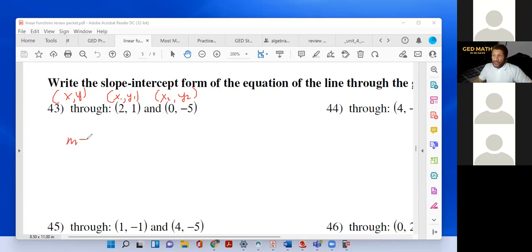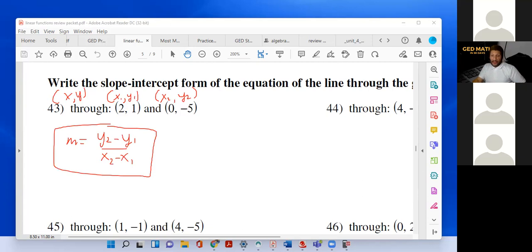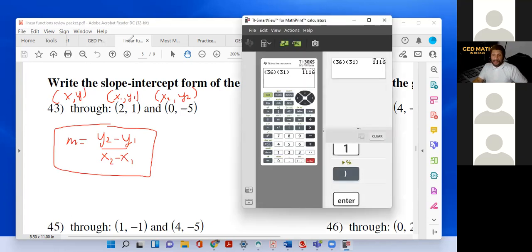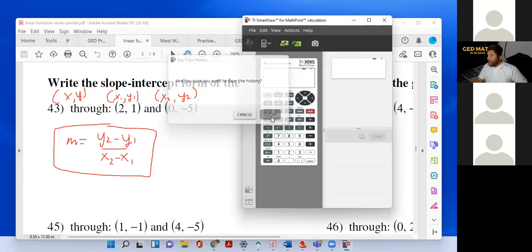If you look on your formula sheet, they give you a formula to find the slope of a line given 2 points. And it's Y2 minus Y1 over X2 minus X1. They give it to you on the formula sheet. To me, if you were in my class, I would tell you I want you to do it by hand. Getting ready for this test, I want you to be able to use the calculator.